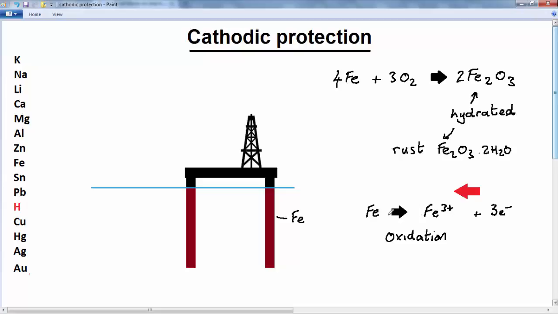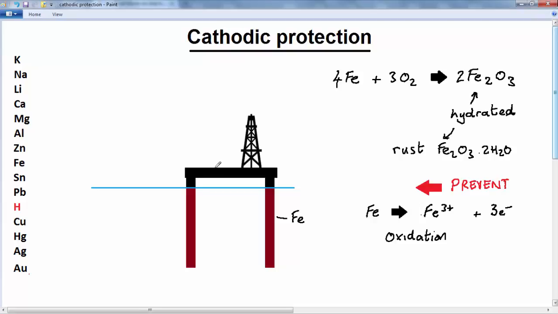Let's say it's having its oxidation state increased to +3, and it loses electrons. If we're going to stop this oxidation process happening, we've got to find a way of preventing the iron from being oxidized and losing its electrons. So we want to prevent this reaction taking place.